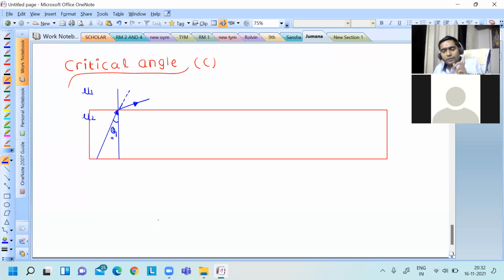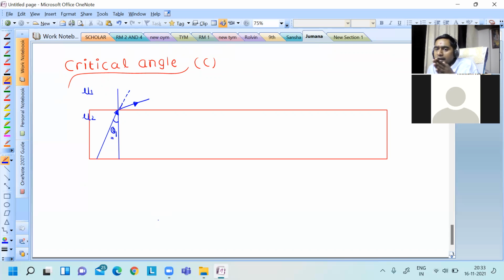Always remember that in the rarer medium, the angle made by the light with the normal must be greater than the angle made with the normal in the denser medium.